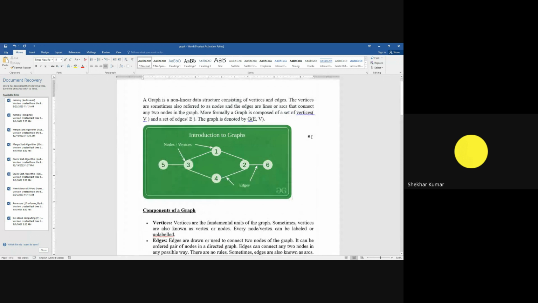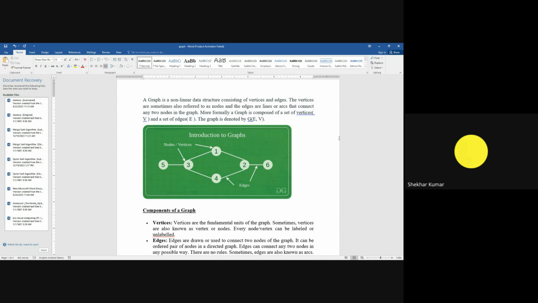In this class, we will discuss some basic terminology of graphs and some algorithms of graphs, that is Prim's algorithm, Kruskal's algorithm, and Dijkstra's algorithm. At first, we will discuss what is a graph, what are the components of a graph, some basics of a graph.